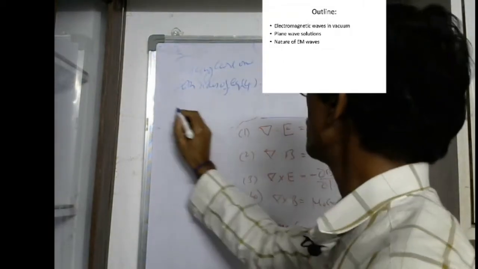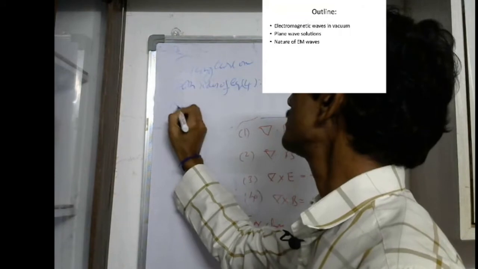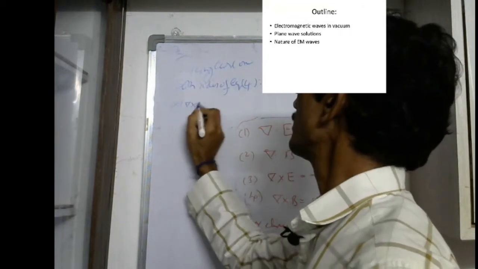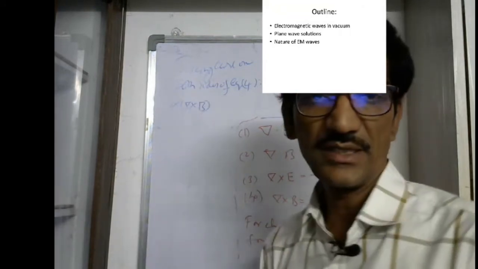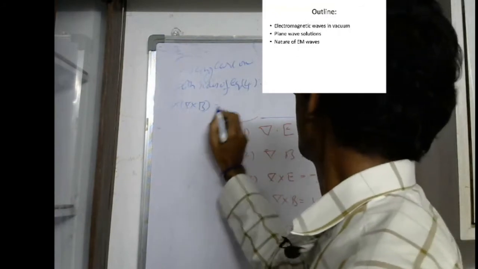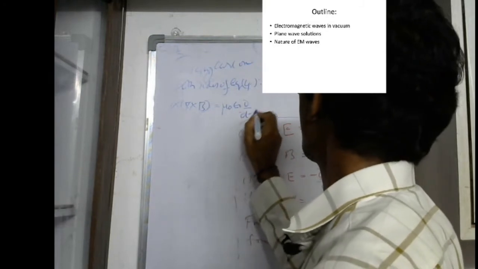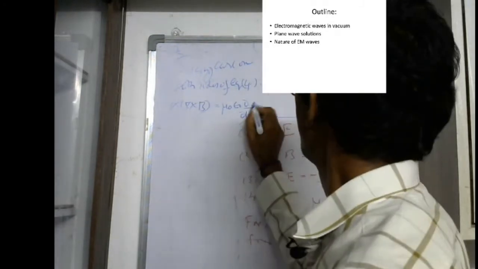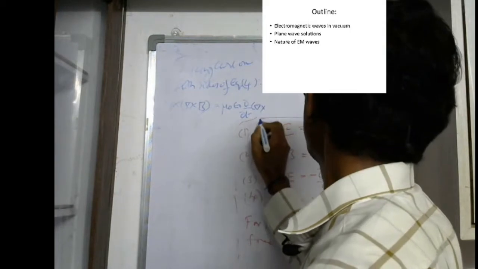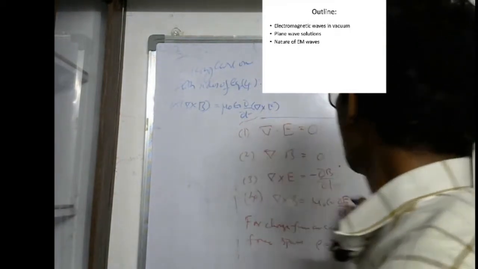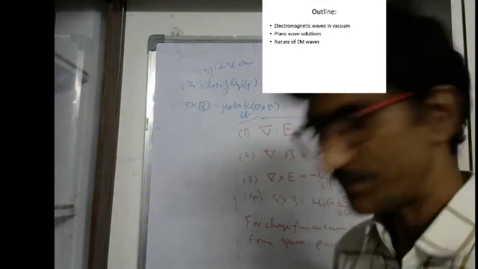What happens here? Del cross B is equal to mu naught epsilon naught dou by dou t of del cross E.